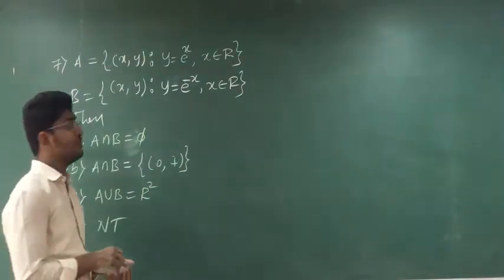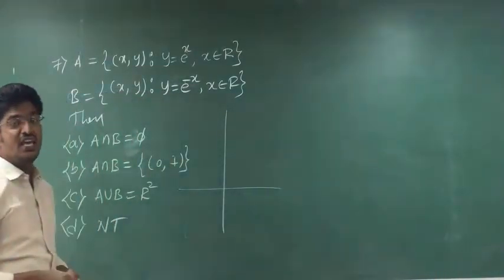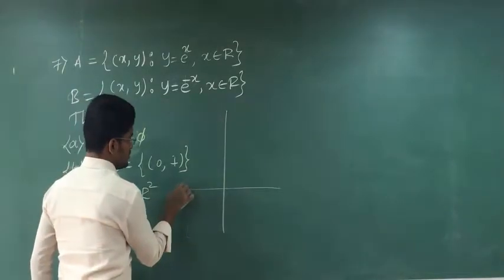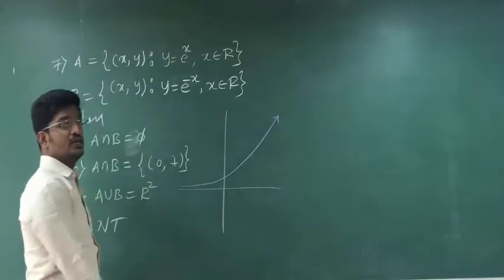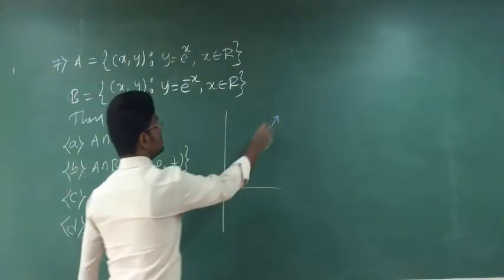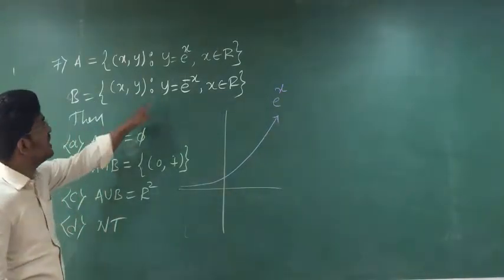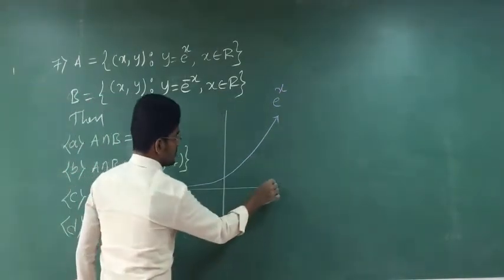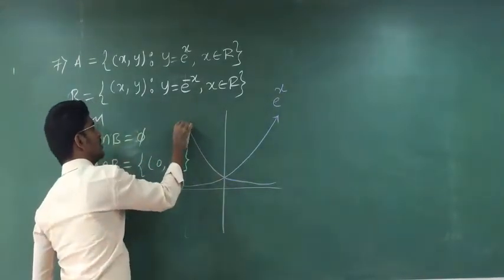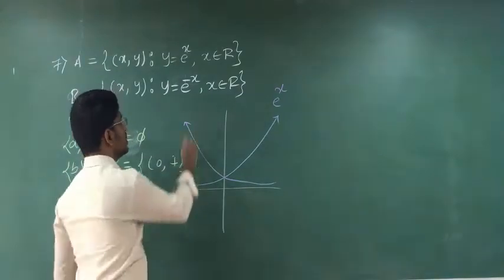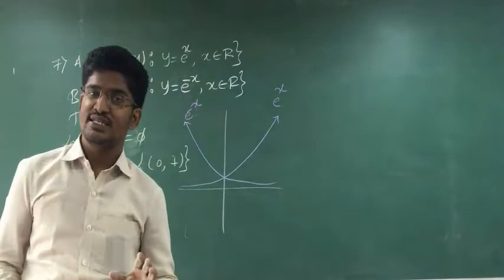Very, very simple. First you draw e raised to x. This is e raised to x. Clear? Next you draw e raised to minus x. This is e raised to minus x. What is the meaning of e raised to minus x?